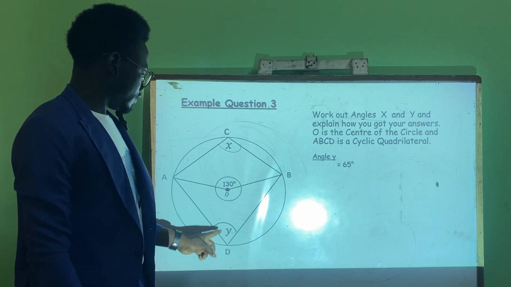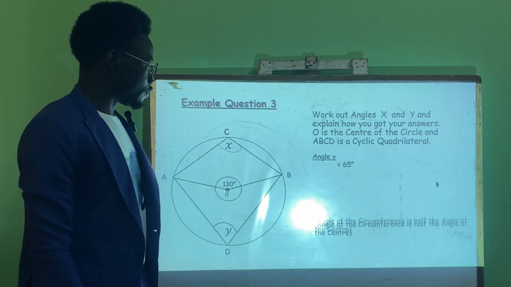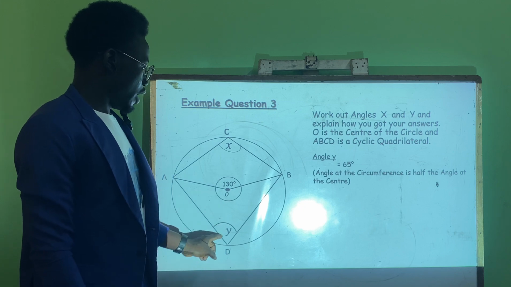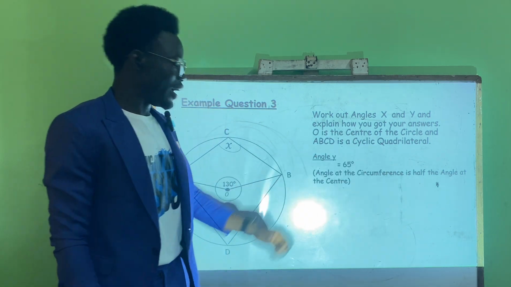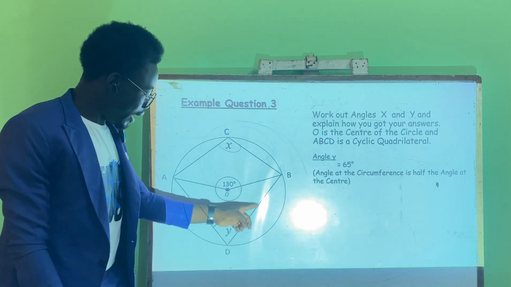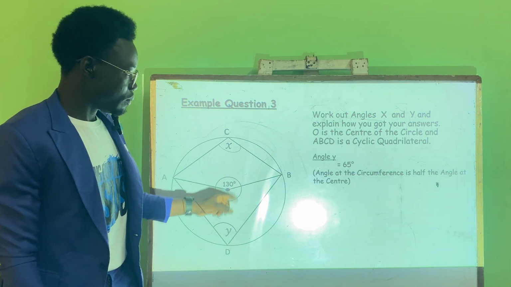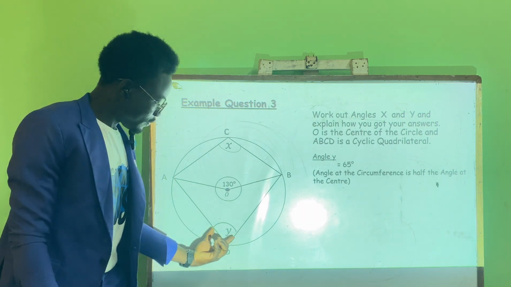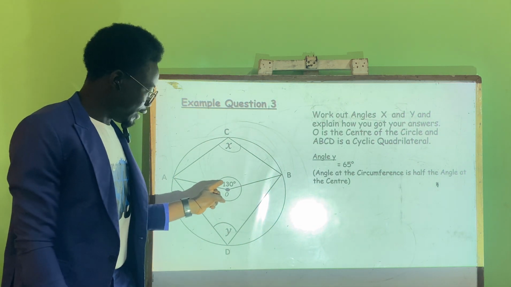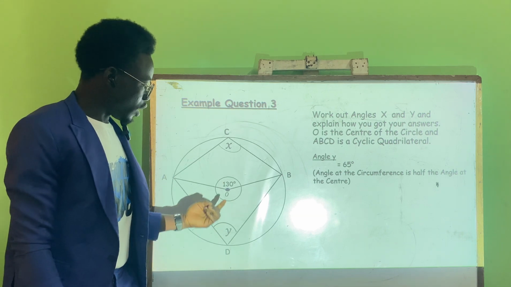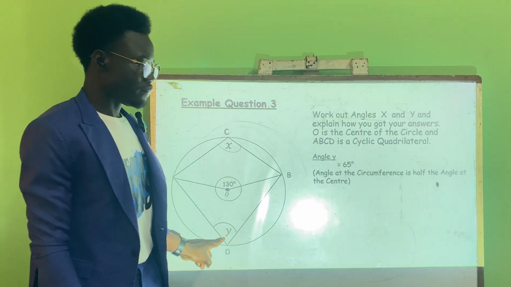So when you divide 130 by 2, you are going to get the angle Y. Angle at the circumference is half the angle at the center. That is the reason you give. So just remember, this angle here is half of this. Alright? And this angle here is twice of this. So now that we know here to be 130, we divide it by 2, and we get Y.